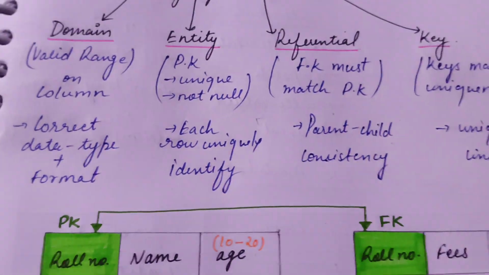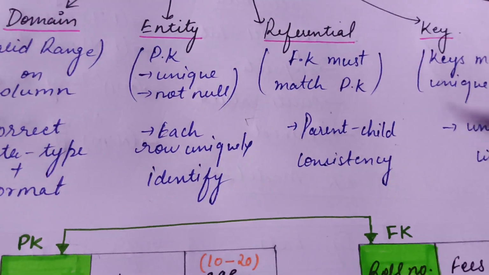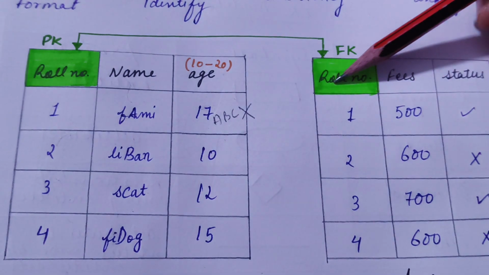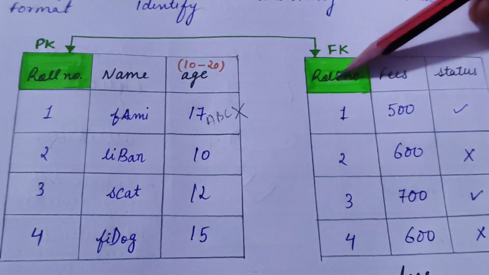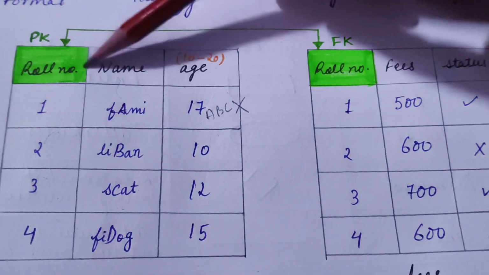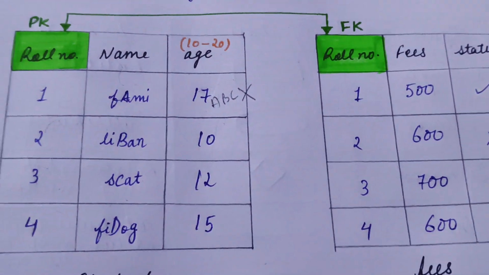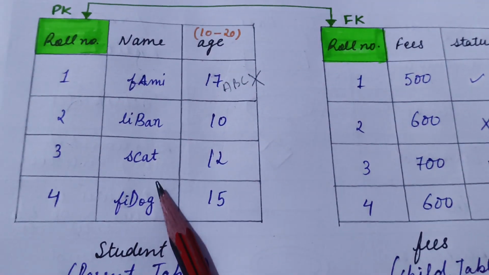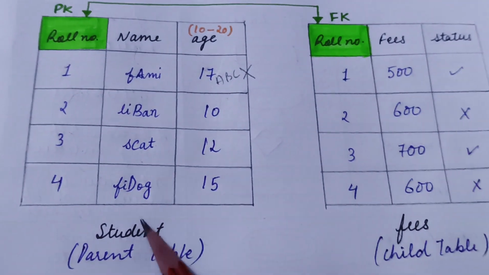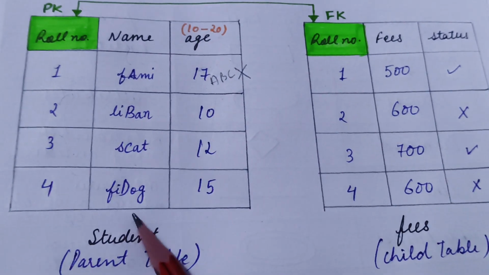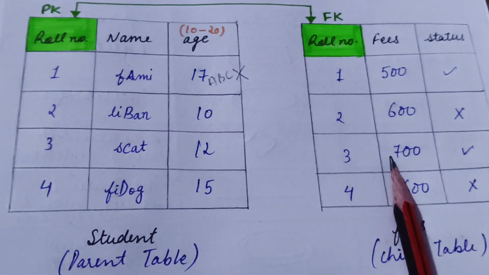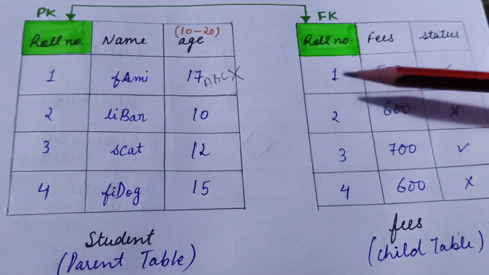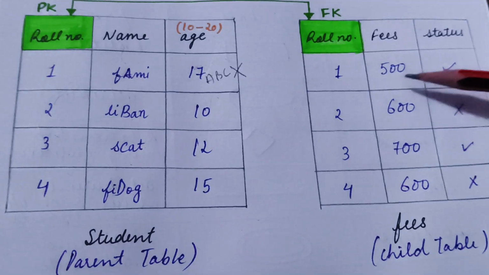Then we have the referential constraint, which basically ensures that a foreign key must have a valid primary key in another table. For example, the foreign key here is roll number and this is another table known as the parent table. The parent table should exist so that the foreign key is valid. For example, roll number 1 has fees of 500.